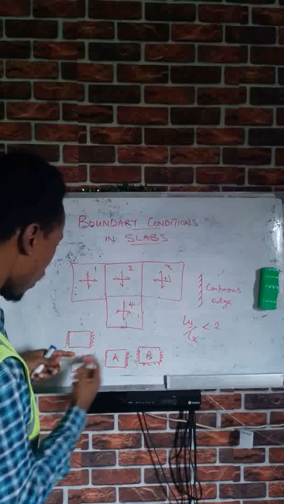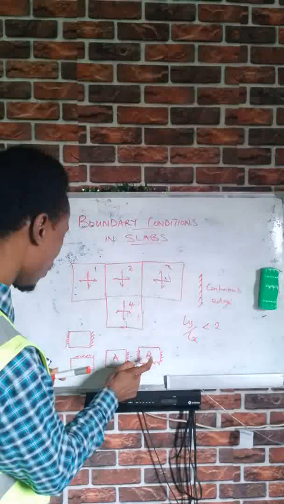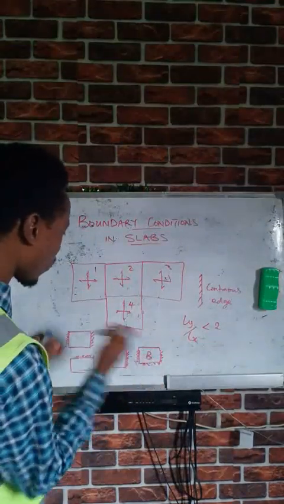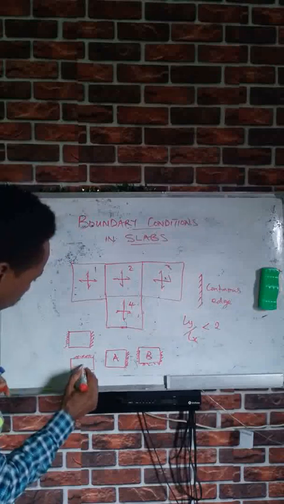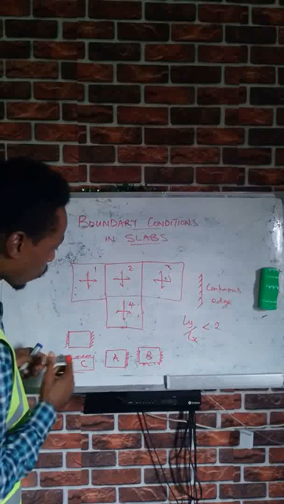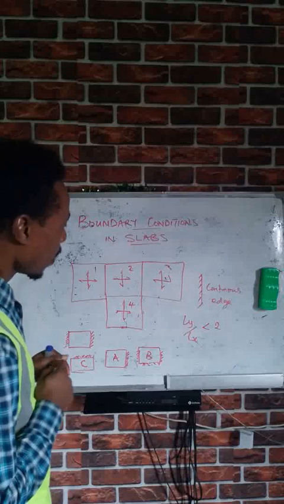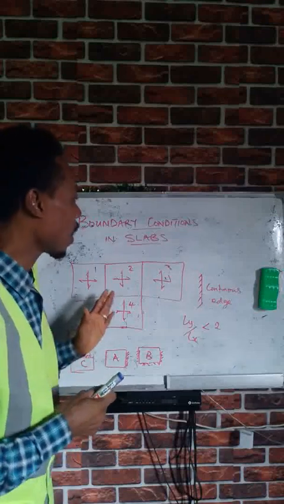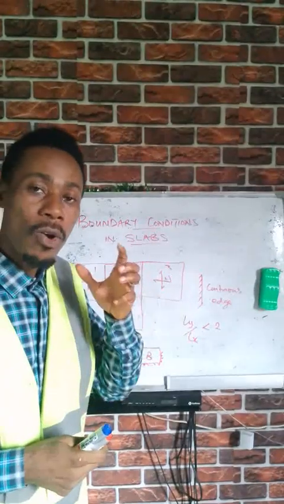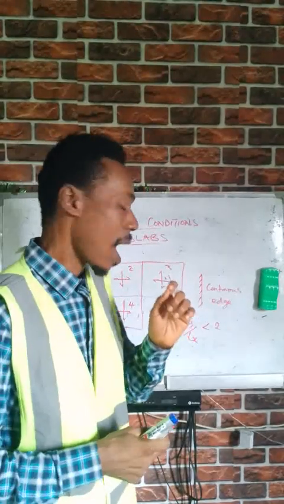Panel 4 satisfies this C case: this edge is free while it is continuous at this edge. So this is how we are expected to get our boundary condition to enable us extract our coefficient value from the table. I'm going to stop here at this point.